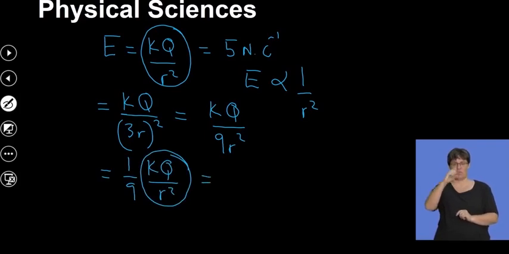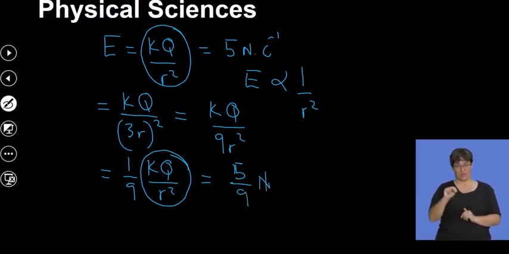Then this reduces to 1 over 9, which is 5 over 9 newtons per coulomb. So this is the new magnitude of electric field at a point, which is lesser than when we double the distance.